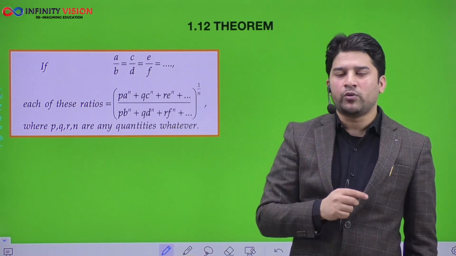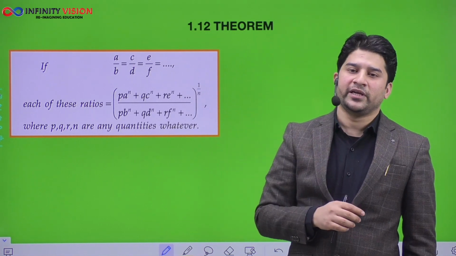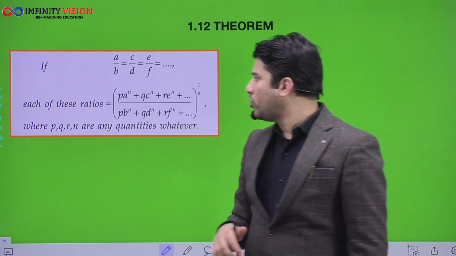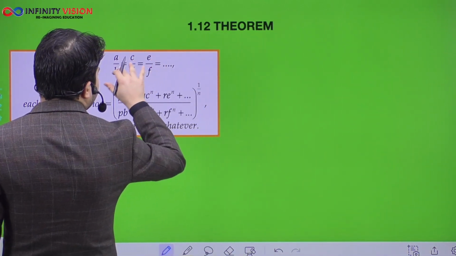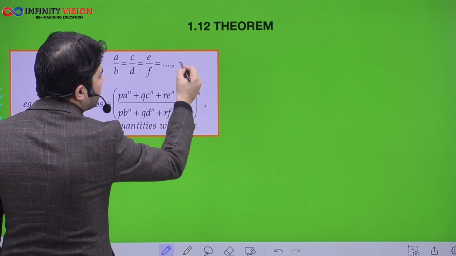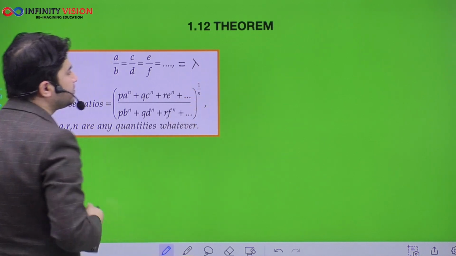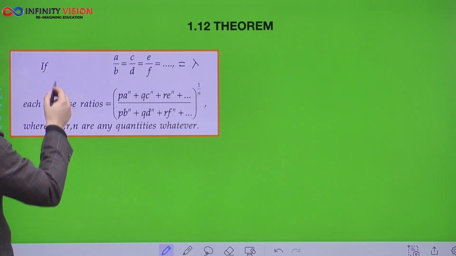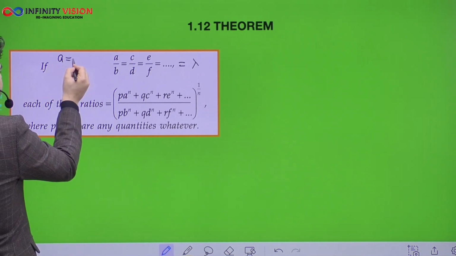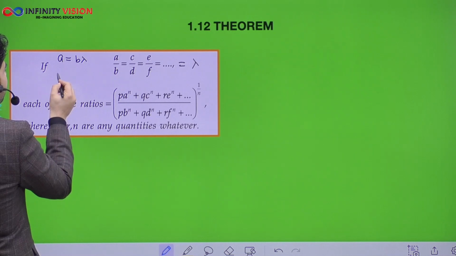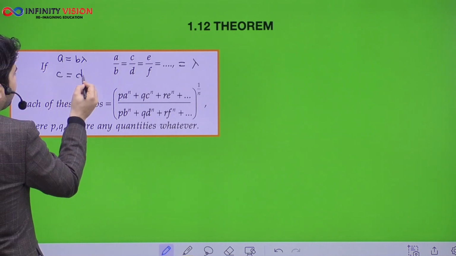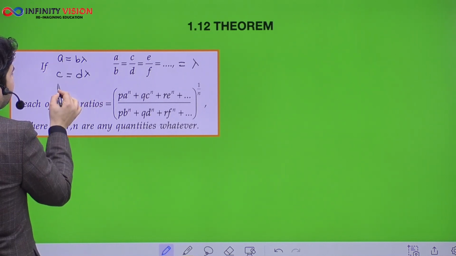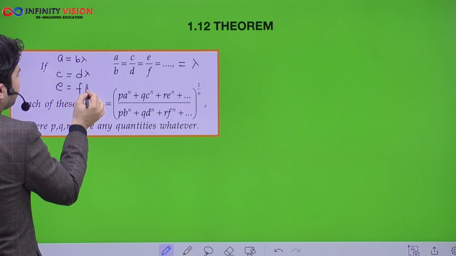So whenever you encounter these types of problems in the ratio chapter, you should always begin by equating each of the ratios to some constant called lambda. Now when you see that a by b equals lambda, you can comfortably say that a equals b lambda, and c equals d lambda, and e equals f lambda.